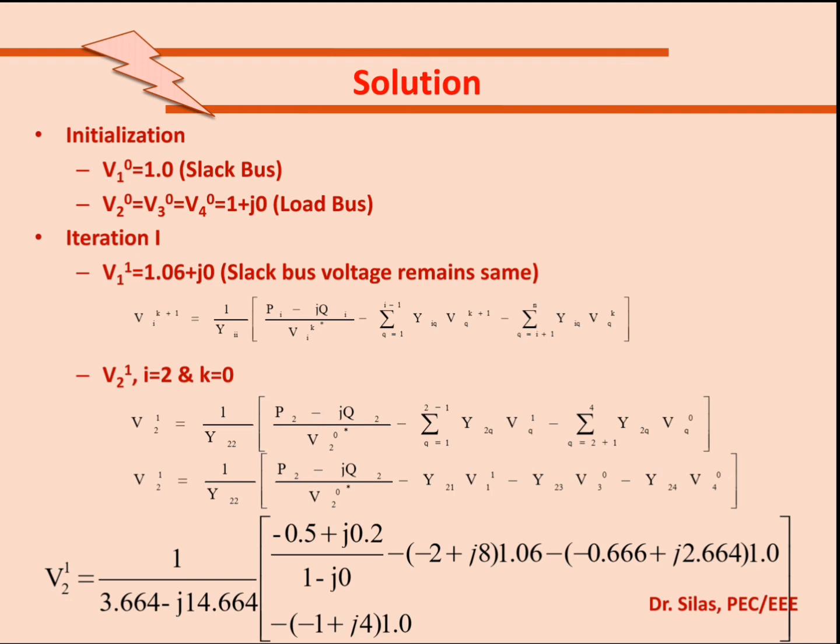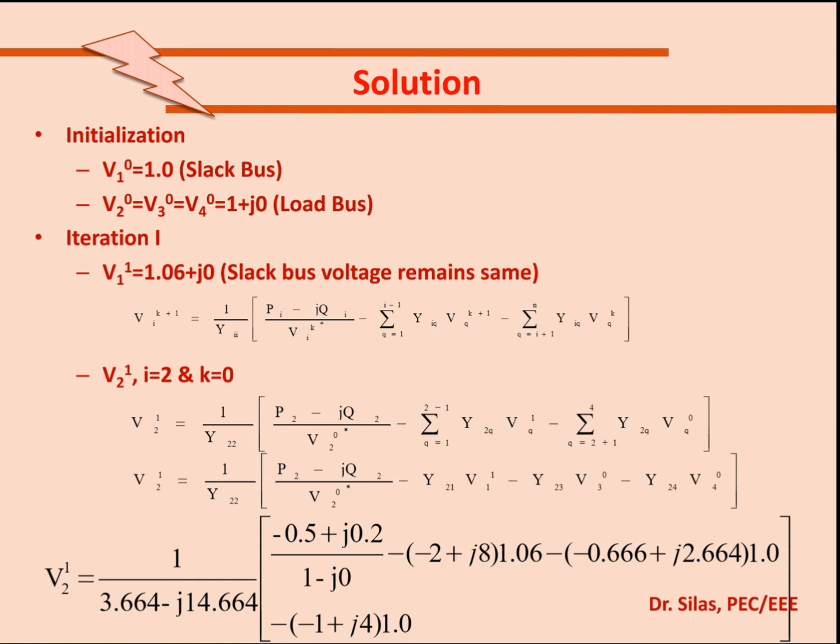Similarly, the Q2 value is the reactive power of the second bus, which is given as 0.2. But while substituting, as it is a load bus, it has to be substituted as minus 0.2. Now V2^0 is the initialized voltage, which is 1 plus j0, so we have to take the conjugate of it.